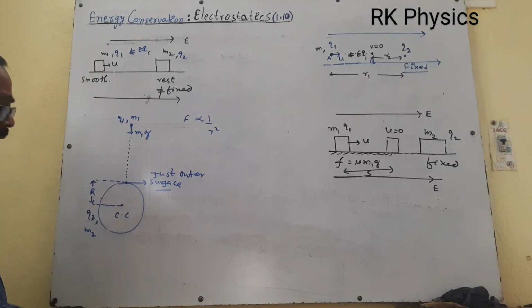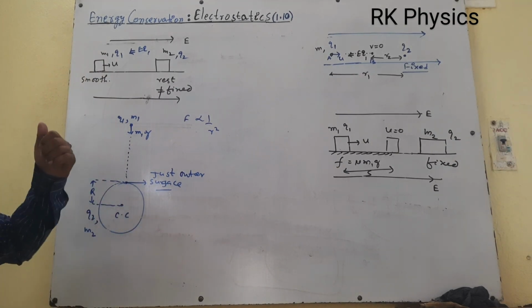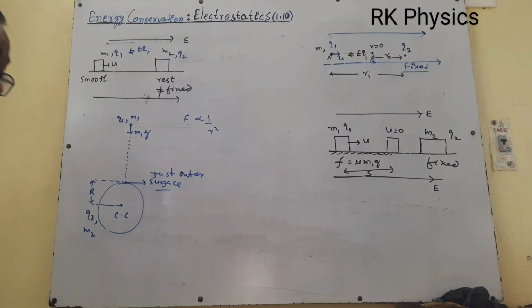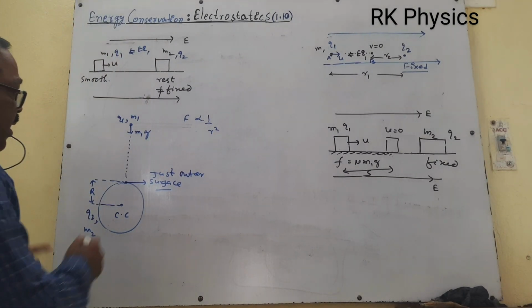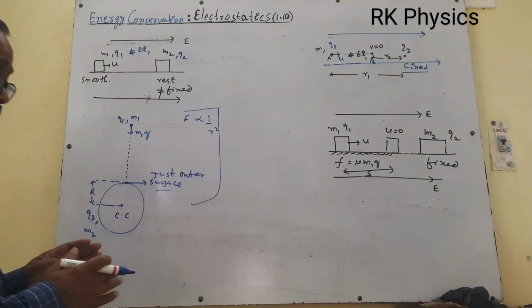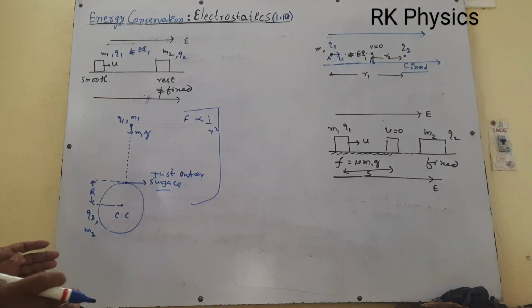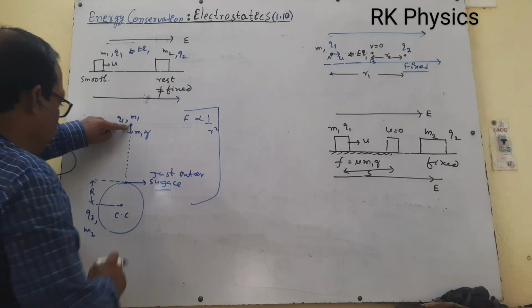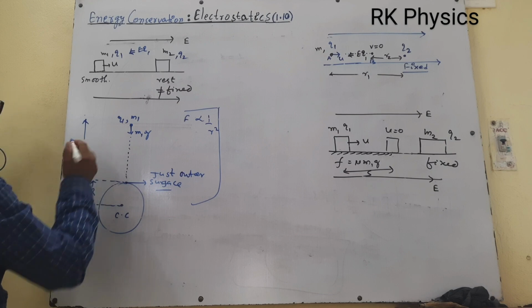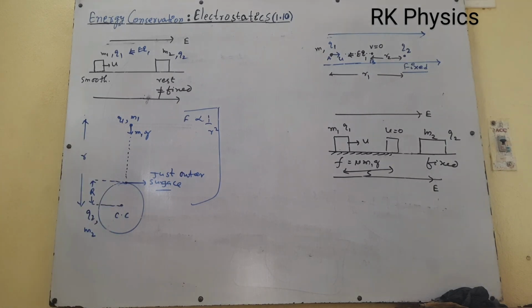So here again, the effect of gravity and the effect of the electric field both are taken into account, and you can take that the electrostatic energy and gravitational energy vary. When the charge is here, it is at some distance from the center of the charge.